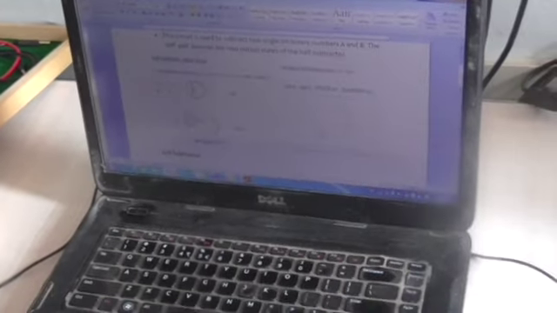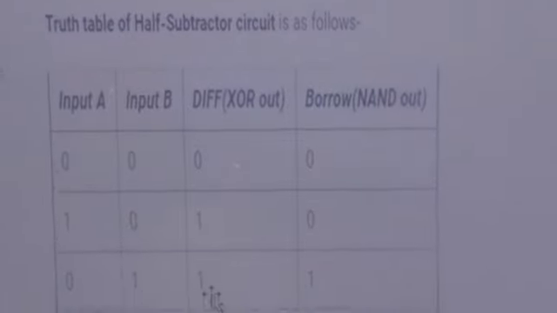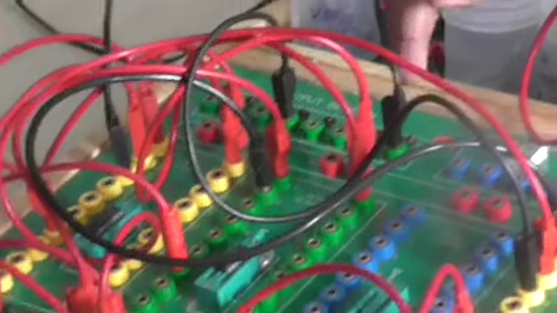Clear? Now we will check the functionality. If both the inputs are 0, 0, from the truth table the difference is 0 and borrow is 0. Next condition 1, 0: if the first input is 1 and the second input is 0, we get difference 1, borrow 0.